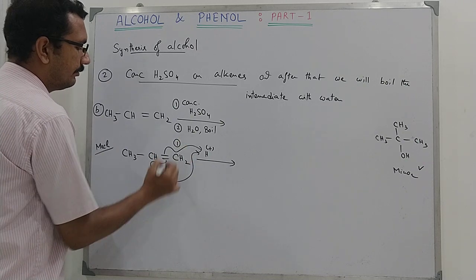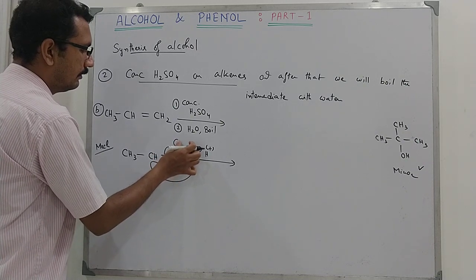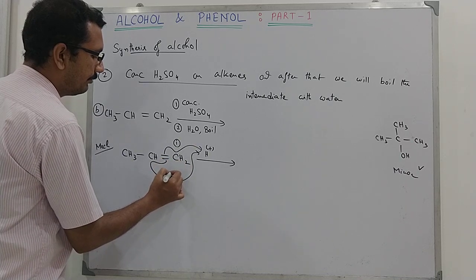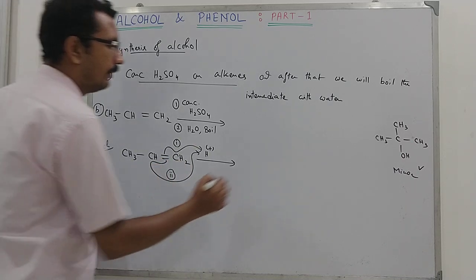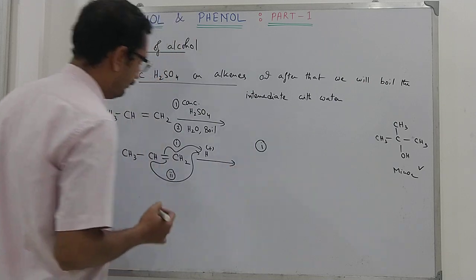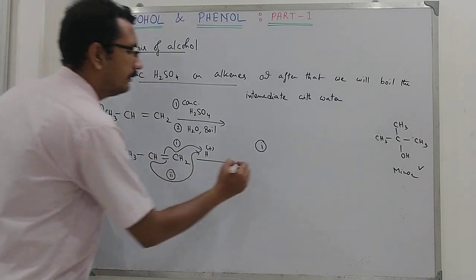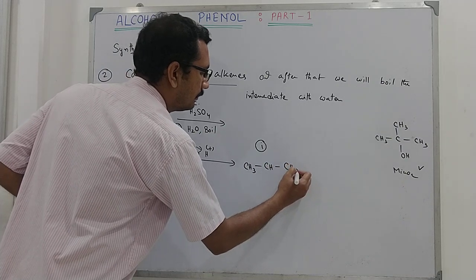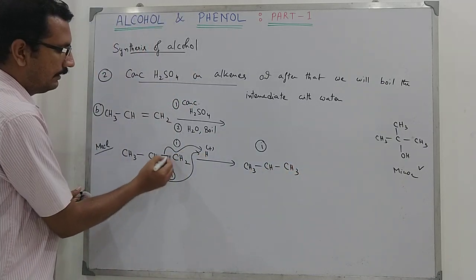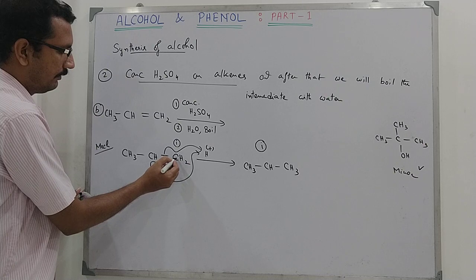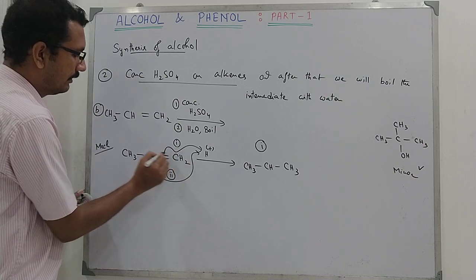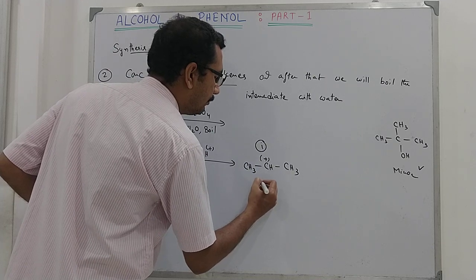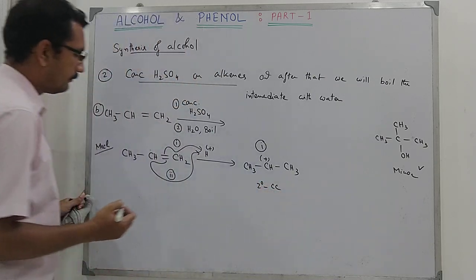Say this to be path 1 and this to be path 2. Now in path 1 we see what will happen. This H plus attacks at this side and this pi bond opens up here. So here will be plus. So we will have a 2 degree carbocation.